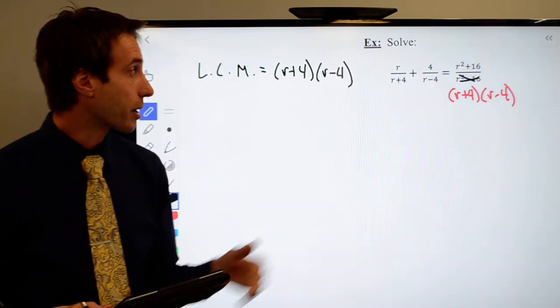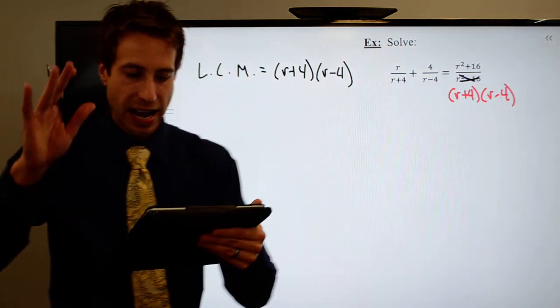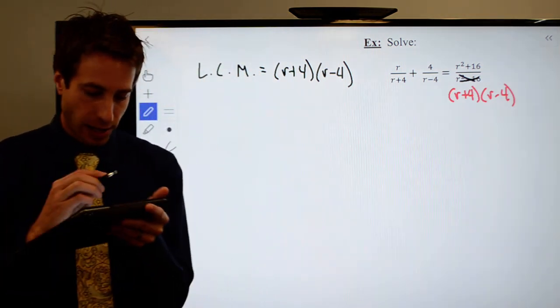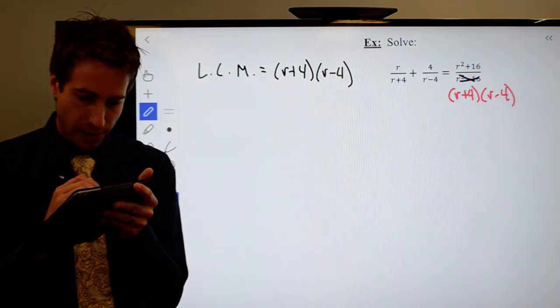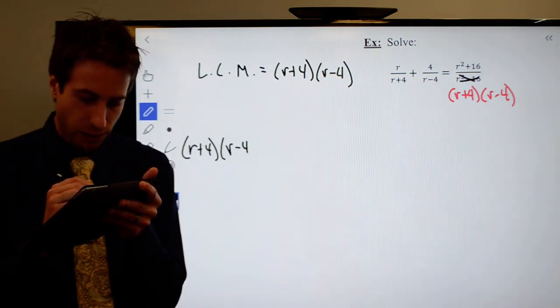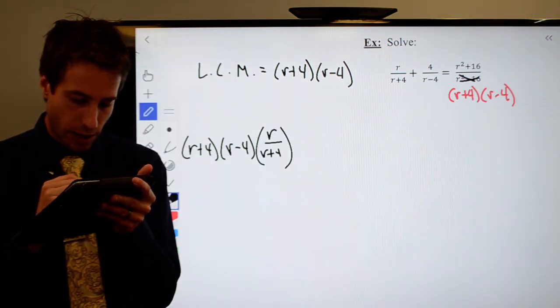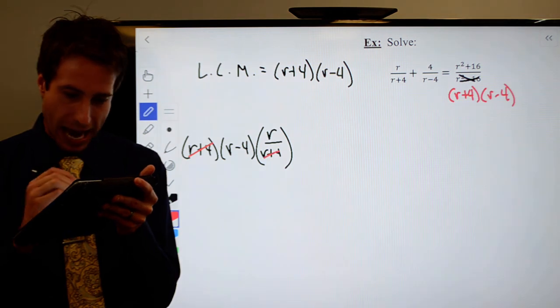And so here we go. I'm going to go ahead and multiply my LCM by everybody, and I've been having to squeeze, so I'm probably going to wind up having to squeeze, so let's see what this looks like. r plus 4 times r minus 4, all multiplied by r over r plus 4. Those r plus 4s drop out.